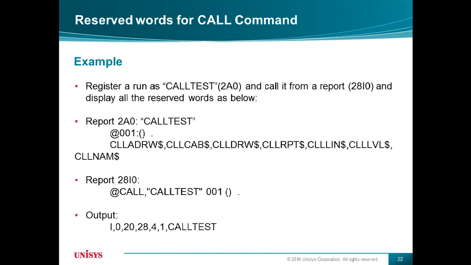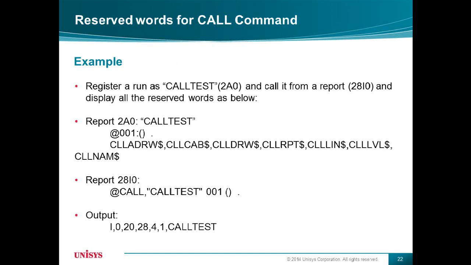The next slide shows a sample that will demonstrate the use of all the call reserved words. We have used two run reports, basically 2A0 and 28I0. 2A0 is a call test report that's been registered, and 28I0 is the report that calls the call test.